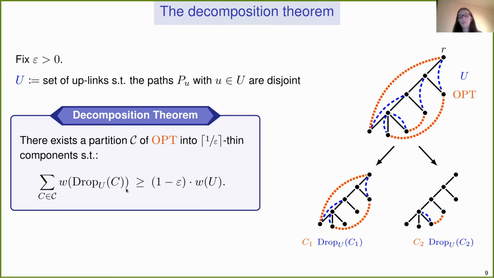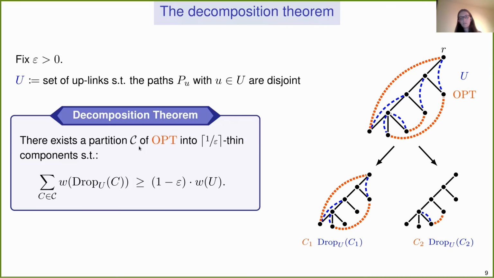In that case, we could lower bound the sum of the weights of the drops by the weight of U. And this decomposition theorem tells us we can almost achieve that best bound. We only lose this factor 1 minus epsilon, which is arbitrarily close to 1. So basically, we can get as close as we want to this best possible bound.